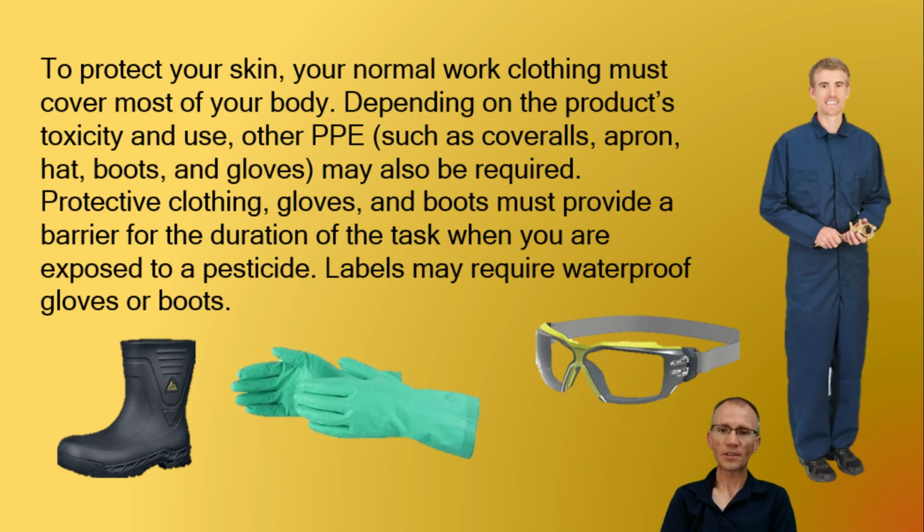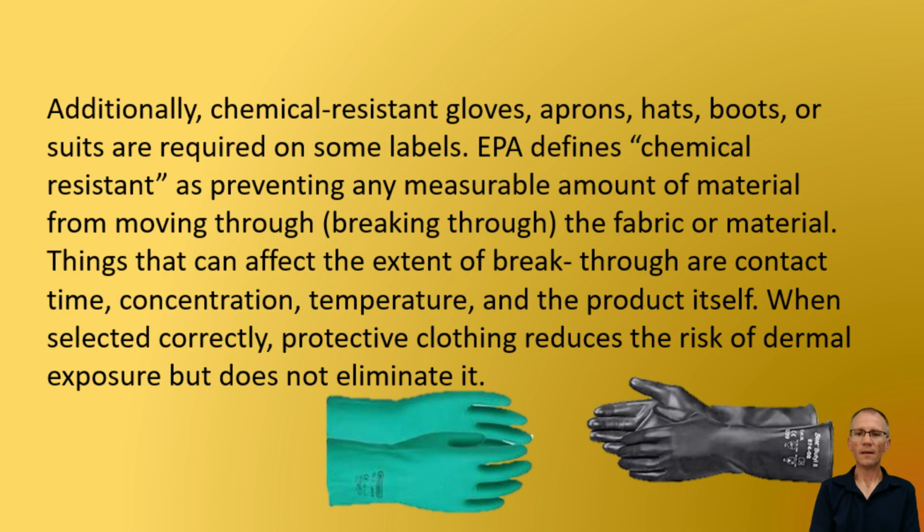To protect your skin, your normal work clothing must cover most of your body. Depending on the product's toxicity and use, other PPEs such as coveralls, apron, hats, boots, and gloves may also be required. Protective clothing, gloves, and boots must provide a barrier for the duration of the task when you are exposed to a pesticide. Labels may require waterproof gloves or boots.